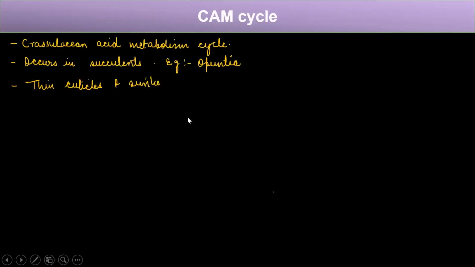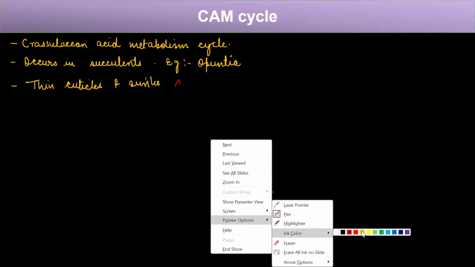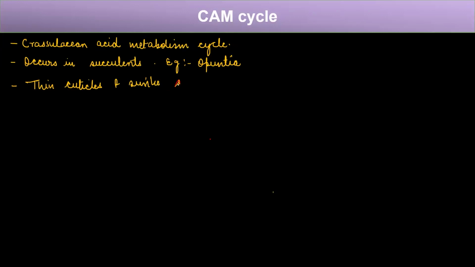So sunken stomata, this is used for what? To prevent water loss. Now, the first thing about these stomata is that they are sunken.